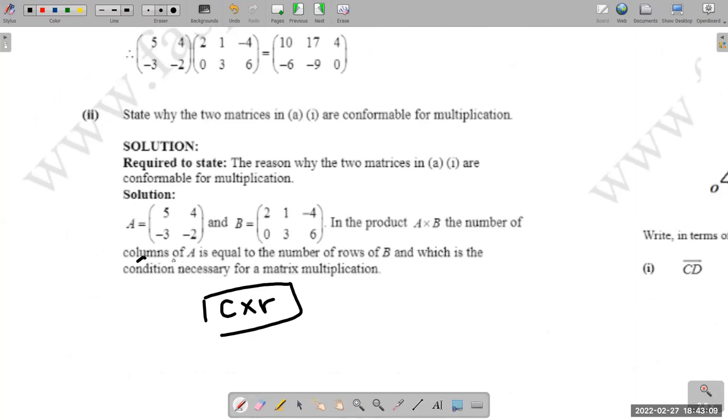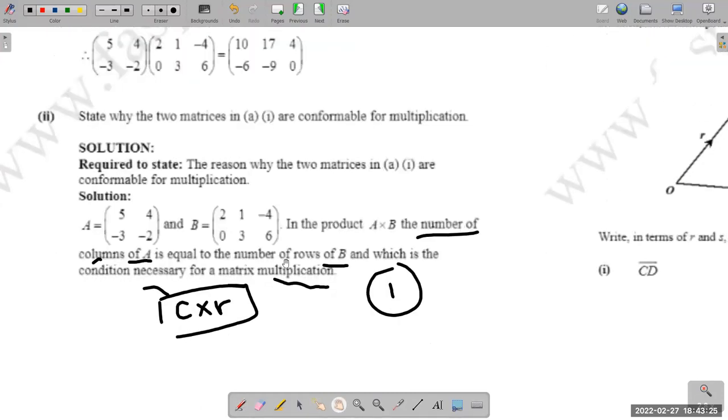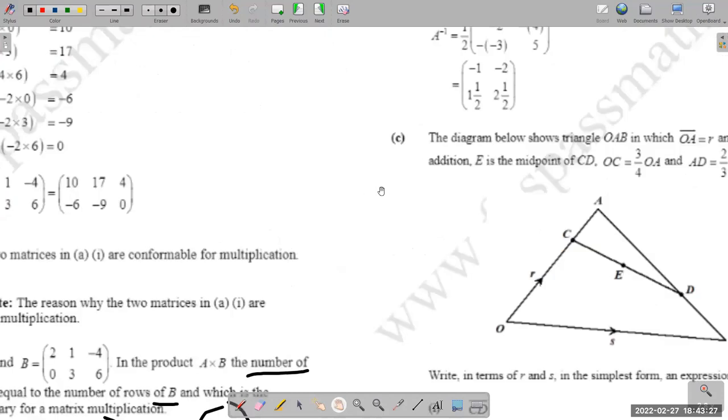So that's all you have to say. The number of columns in A is equal to the number of rows in B, which is the condition necessary for matrix multiplication. Just like that, you get an extra free mark. So you see, you have to be certain about everything because they can ask you questions just like this.